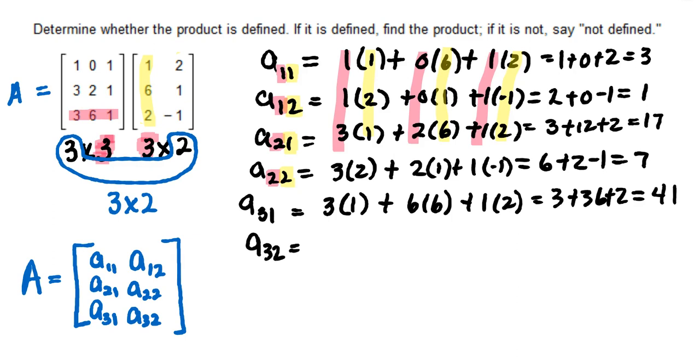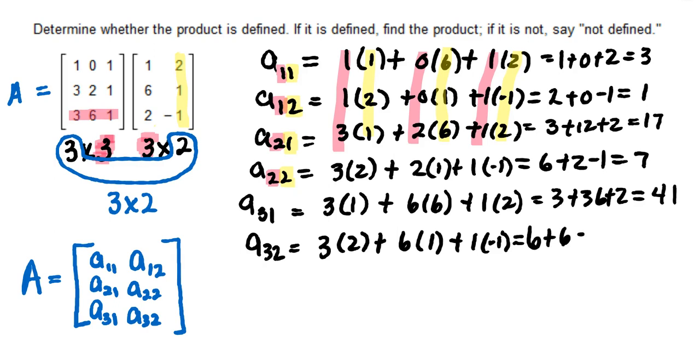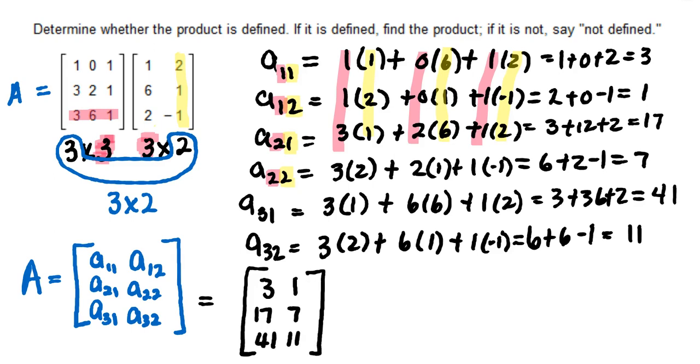Then A32 will use row 3 and column 2. It's 3 times 2 plus 6 times 1 plus 1 times -1. That's 6 plus 6 minus 1 is 11. So our matrix is 3, 1, 17, 7, 41, 11.